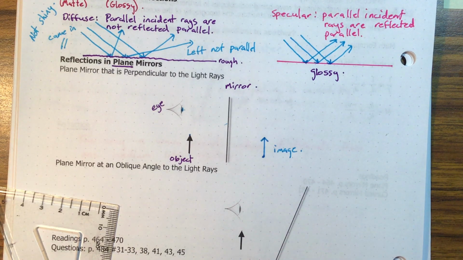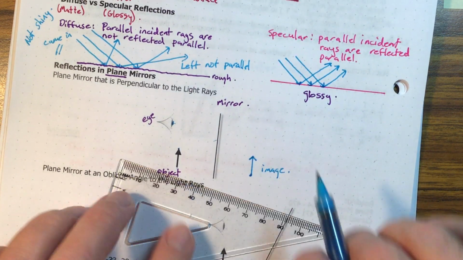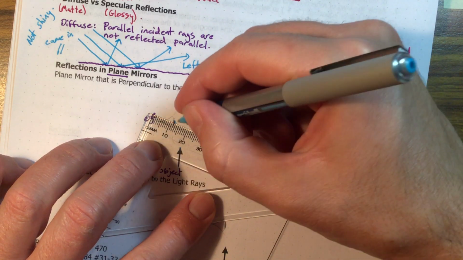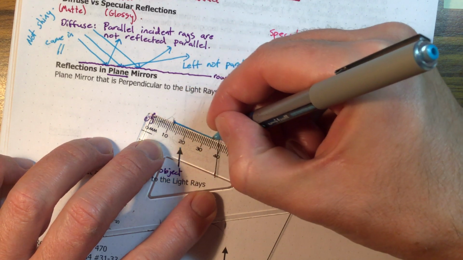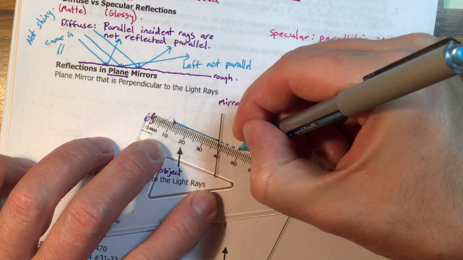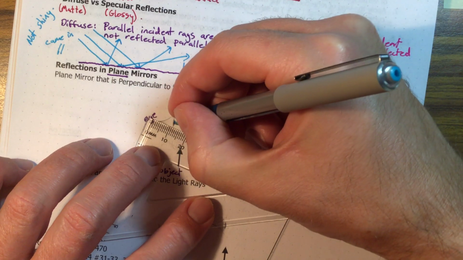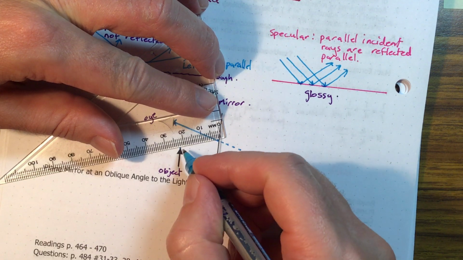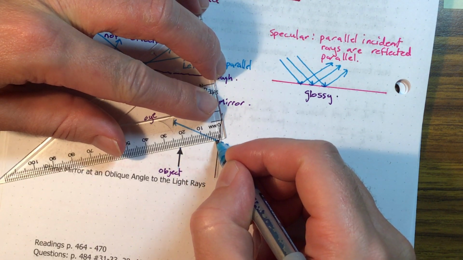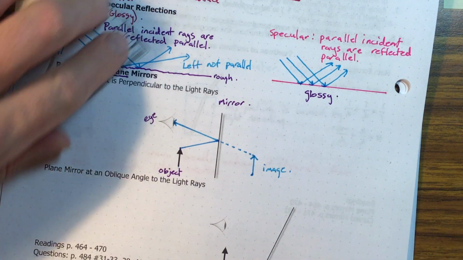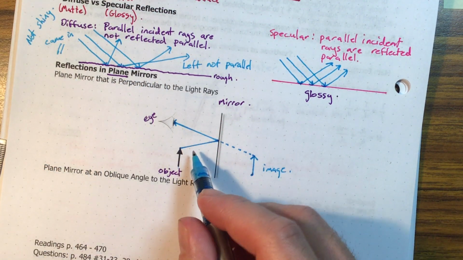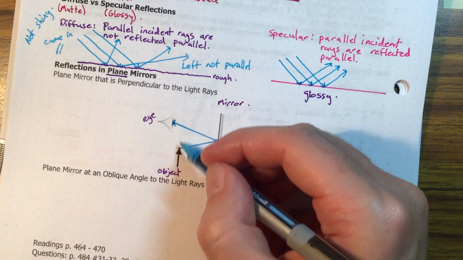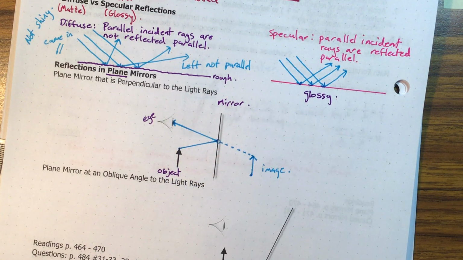Now we can trace the rays as they would go from the image to the eye. So I'm going to connect. So here's a light ray hitting the eye, and that light ray would come from the top of my object. And now because I did that, this point is exactly halfway between these two, exactly half the height.